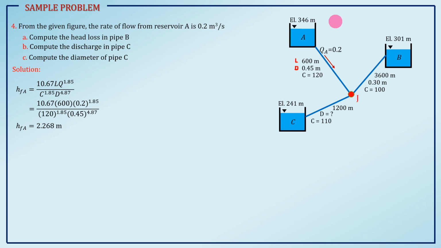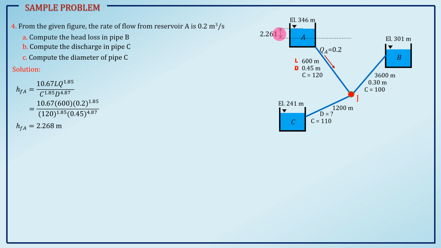So, to determine J prime, it is equal to the elevation at point A minus the head loss.